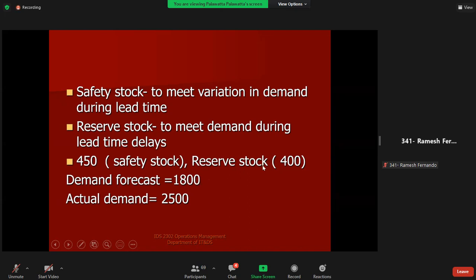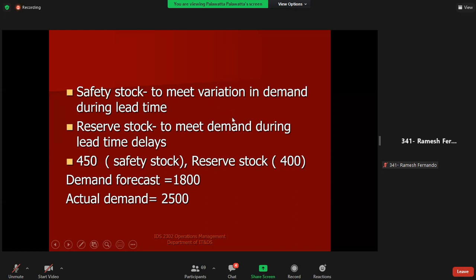That's 1,200 plus 450, that's 1,650. You have a production. Actual demand is 2,500, and then you supply the additional 700 first from reserve stock and then from safety stock.